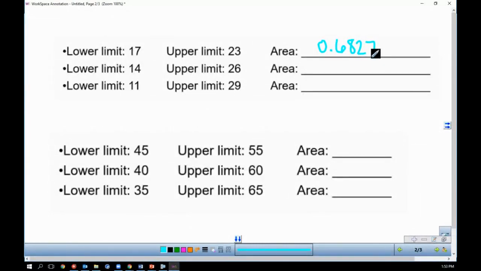What about the next one? 0.95. 0.9544. The next one? 0.997. And I'm going to add the extra 3. I know if you did it on the Inspire, you didn't see that extra digit.